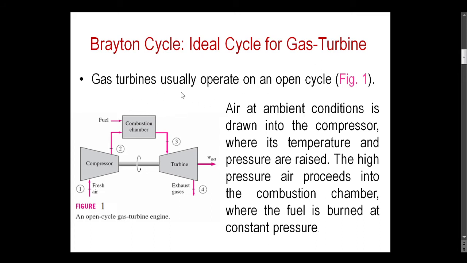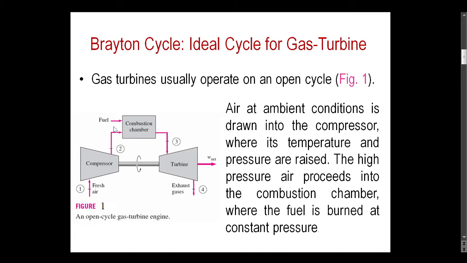So gas turbine usually operates on an open cycle. Here the open cycle is shown. It includes the compressor, combustion chamber, and turbine. Fresh air is taken from the atmosphere by the compressor and compressed up to a certain pressure.